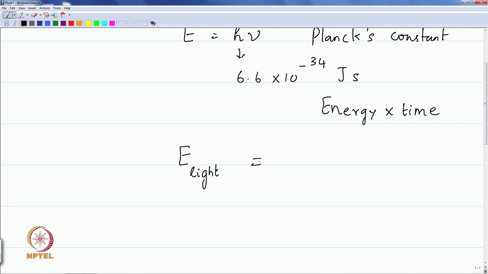The packet of energy also is given by this formula h nu, where h was the Planck's constant, which was introduced by Max Planck 5 years before that, and nu is the frequency of light. So there was this difficulty that how can light be both wave and particle, and this discussion continued for some time.